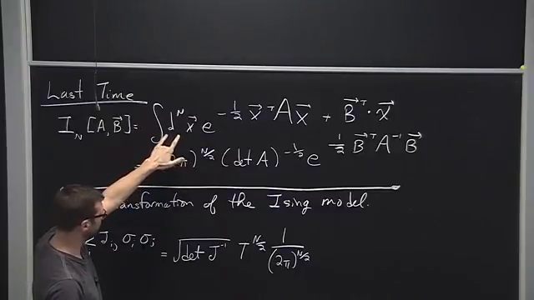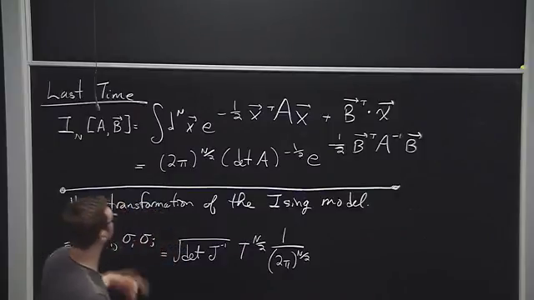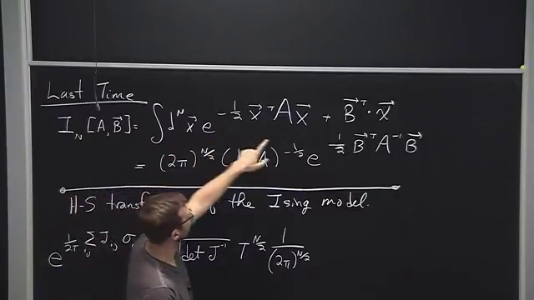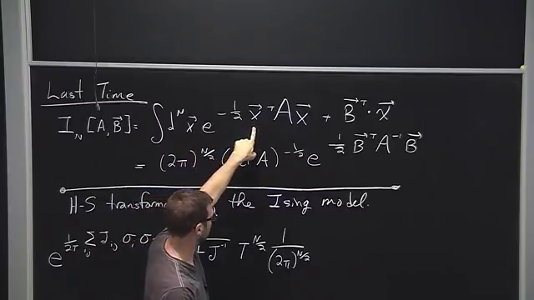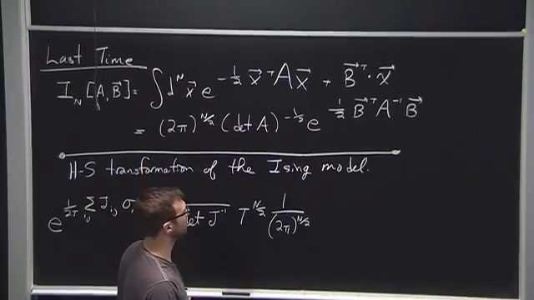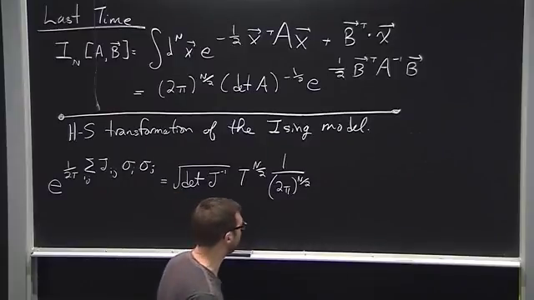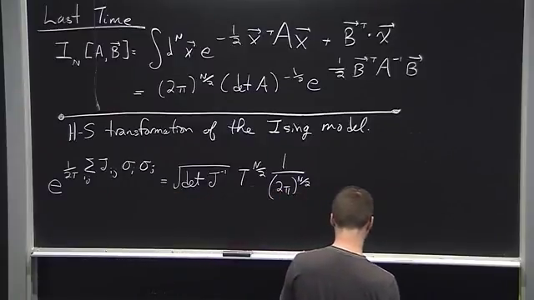Now this integral is over fields, or vectors, that have been introduced, x. Instead of calling those x, I'm going to call them phi, so it looks more like a field theory.